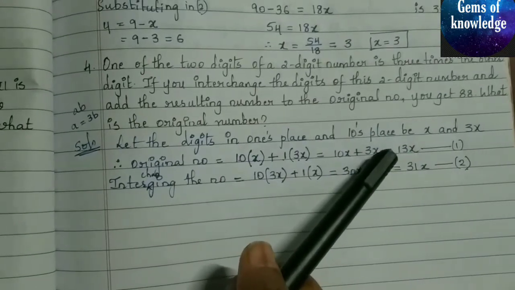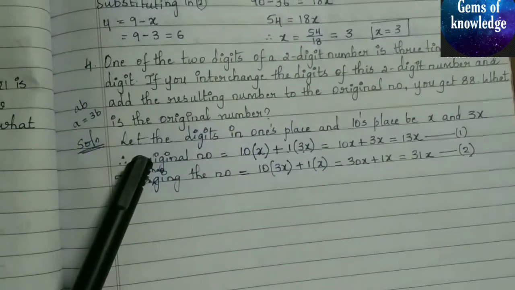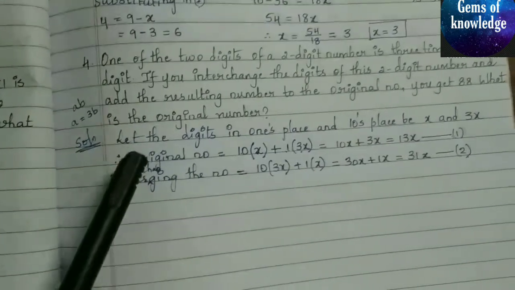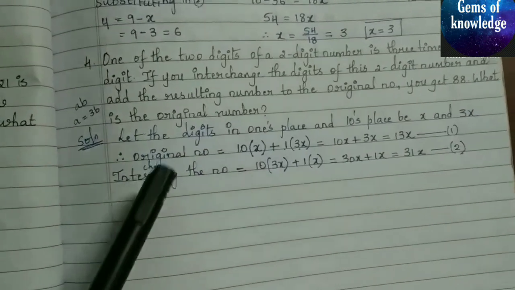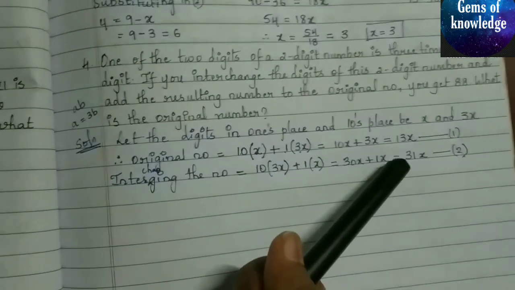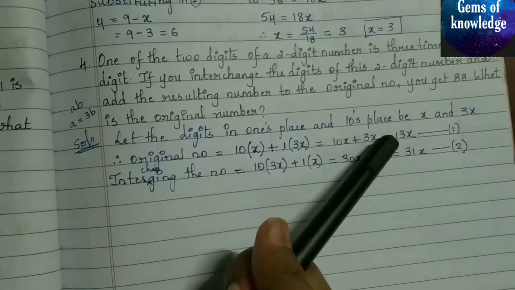It is 13x. It is actually in the general form of the 2-digit number, but I have taken it as the original number, just not to confuse you people. So the resulting number is 31x and the original number is 13x.